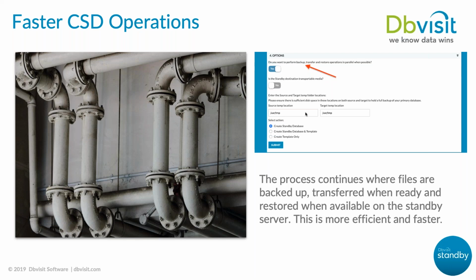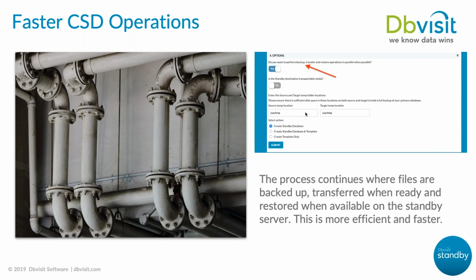On the standby side, once we are notified that the first file has arrived, the restore process will begin. So this process will continue where files are being backed up, transferred when ready, and restored when available on the standby server. Please do not confuse this with Oracle parallelism.